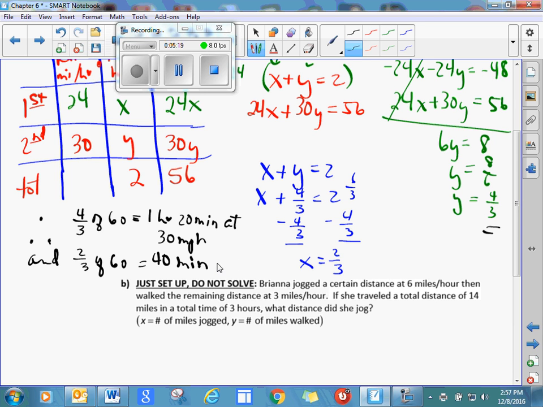Oh no, that's the slower speed, at 24 miles per hour. And that's how you do it.